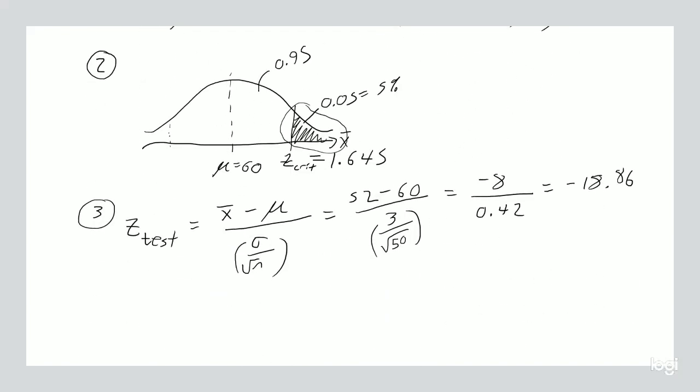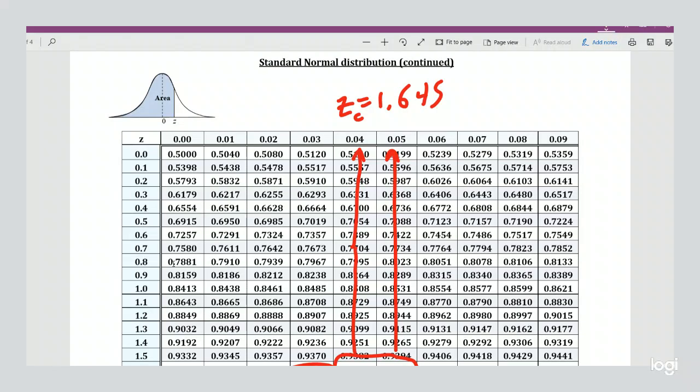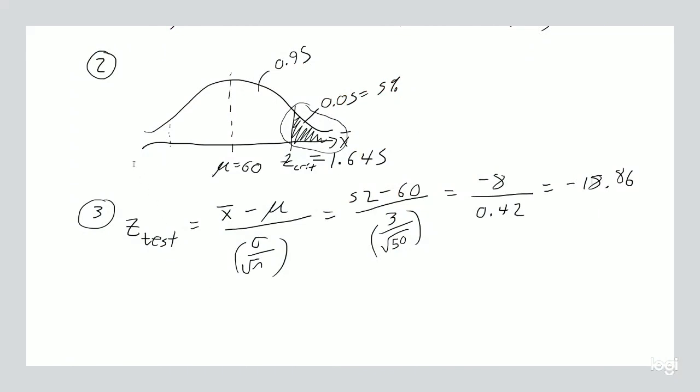So that test statistic is somewhere way over here. Okay, so definitely we are not in the rejection region. So we're not going to be rejecting our null hypothesis. And that's step 4.